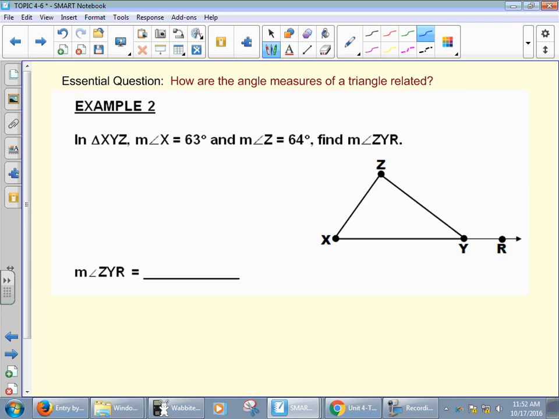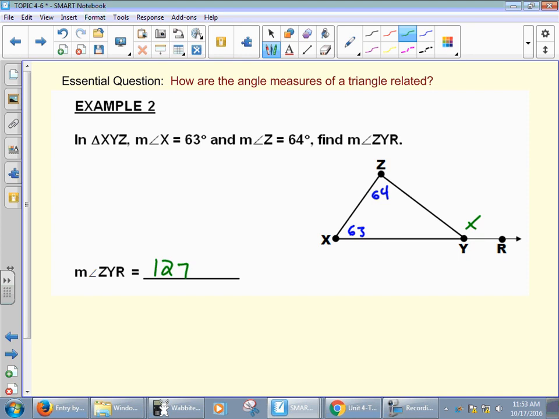Okay? Now, angle X. If angle X is 63 degrees, angle C is 64 degrees. What is this angle right here? Frankie. It's what? It's on the outside. 127.